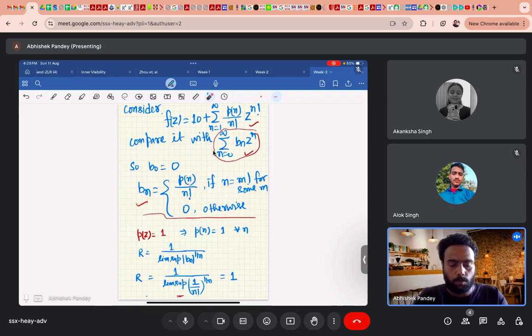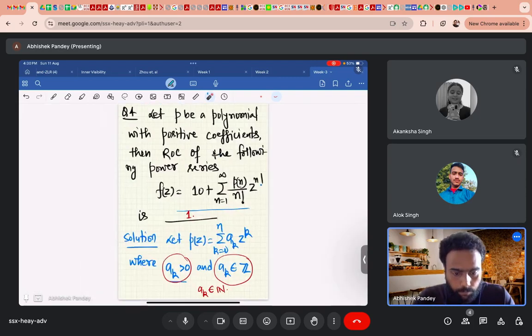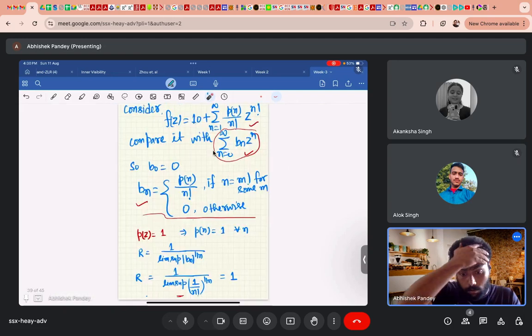Okay, so what would be the lim sup? It will be mod b_n to the power 1 by n, which is nothing but 1 upon n. Wait a minute. So p(z) equal to 1 implies p(n) is equal to 1 for every n, isn't it? Let's see. Just wait a minute. So p(n) is equal to 1.